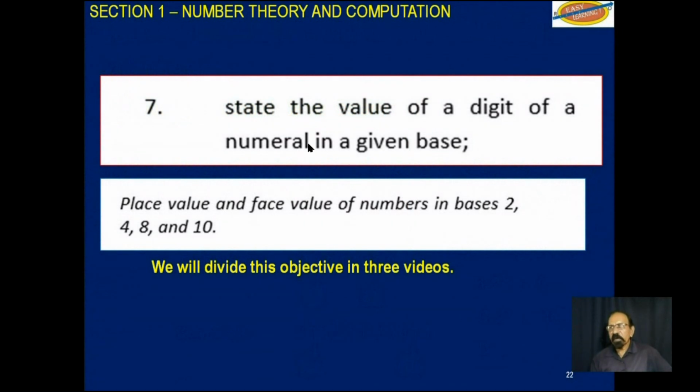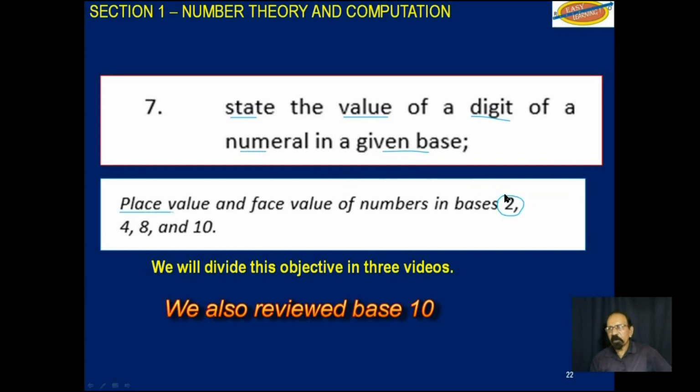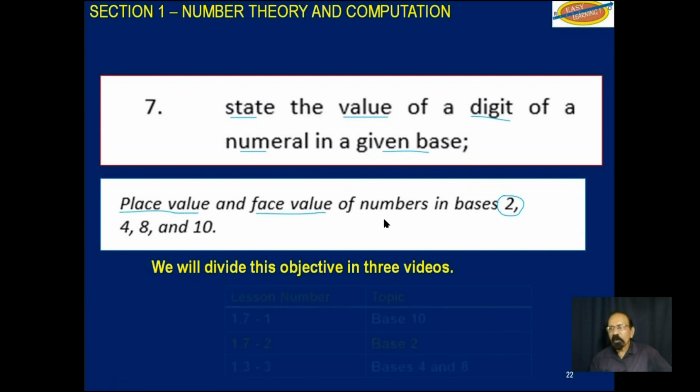So for this objective, you are required to state the value of a digit of a numeral in a given base, and the base we were looking at was base 2. We now know what place value is and what face value is.